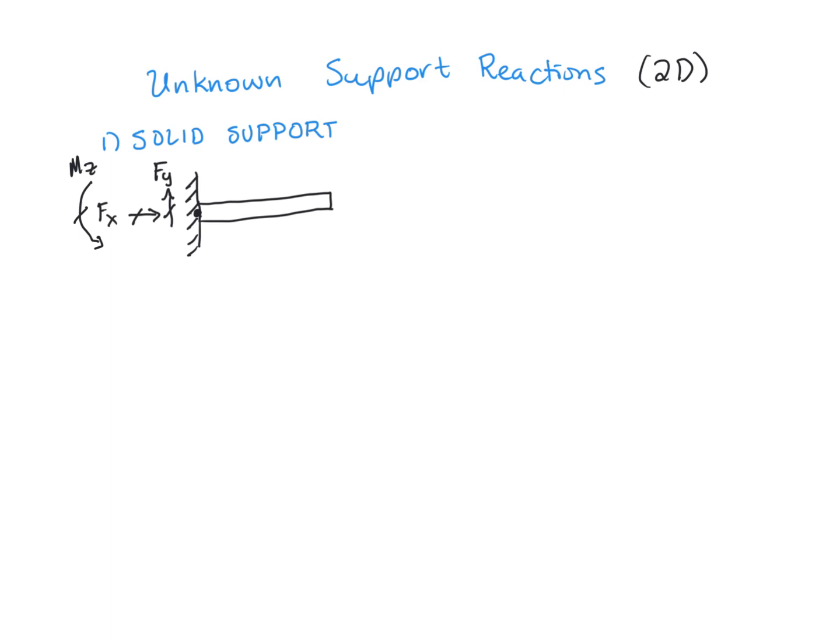Next, we'll look at a support reaction called a pin or a hinge. So again, we have a bar here, and this time we will indicate the support reaction by drawing a little triangle to point out that it's touching the bar at just one point. And the pin can't move, so that triangle can't move, and to remind us of that, we put the triangle like it's held by a solid support to the surface.